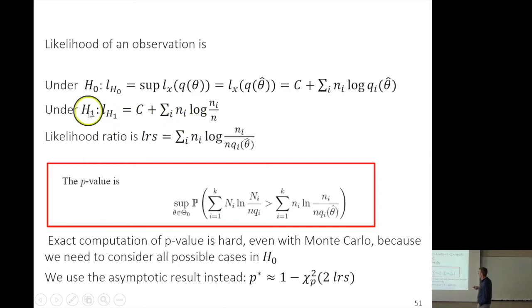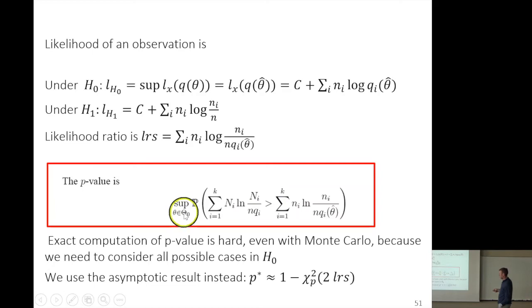And as usual, under H1, we find that n_i divided by n is my maximum likelihood estimate of the probability of falling in bin i. Then the likelihood ratio statistic is the difference of the logs, which gives me that thing here. And the p-value is then the supremum over theta 0, like before, of all that stuff here.